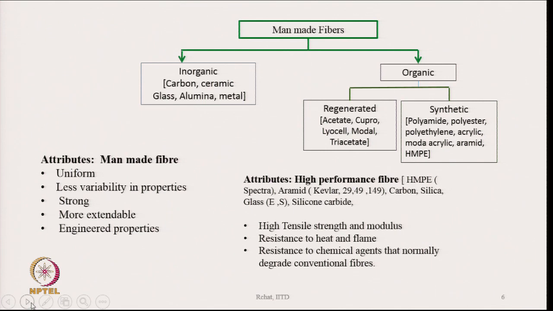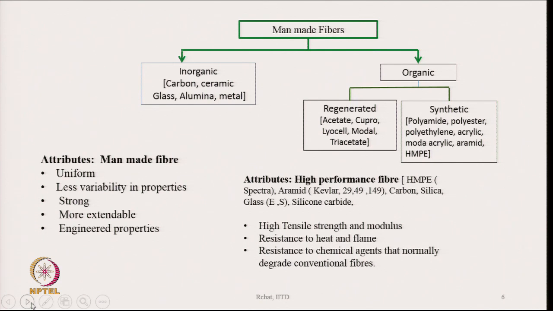Therefore, there is less variability in the properties. Usually, they are quite strong. Most of them are quite strong in comparison to natural fibers, and many of them are very extendable also, and properties can be engineered. That is the biggest advantage we have.